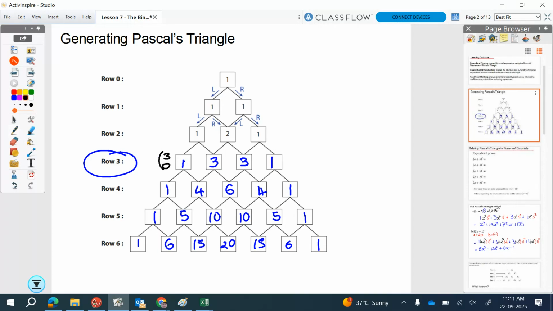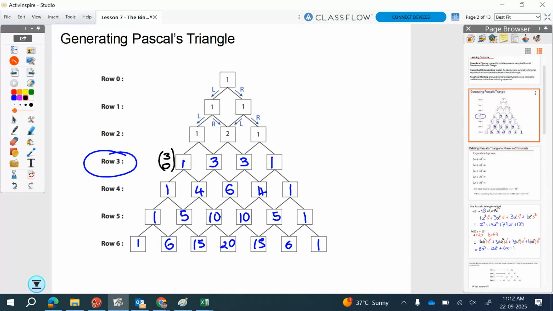The first term in these sequences always starts at 0. Notice how the rows start at 0 as well. The reason we count from 0 to n is then you'll always have n plus 1 terms and n plus 1 rows. So a handy technique when you want row 3 to have 4 terms is you start off with terms 0, 1, 2, 3, and then you end up with 4 terms.